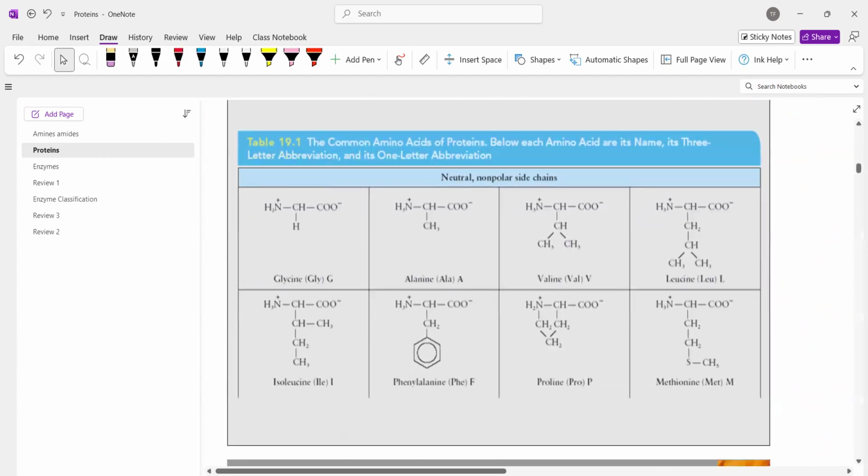Now, we're talking about 20 amino acids, and they're in 4 groups.